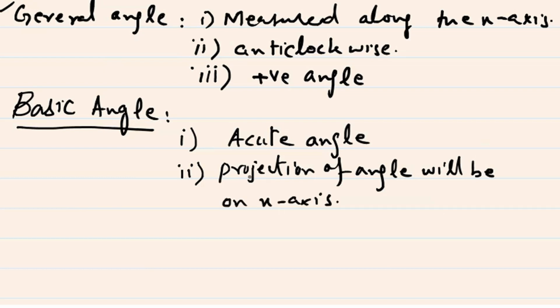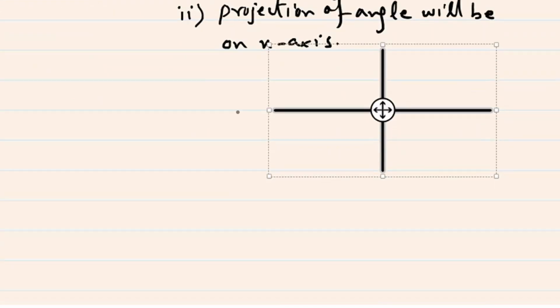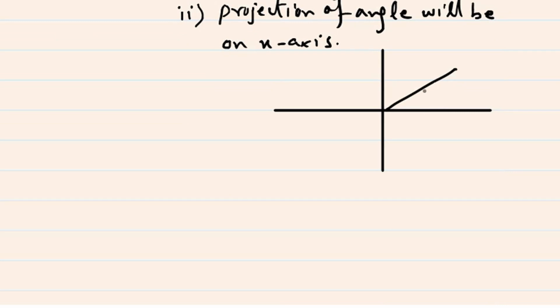The projection of angle will be on x-axis means the shadow of an angle would be on x-axis. When we plot a line in the first quadrant, the projection of this angle is on x-axis and this angle is an acute angle. So all the acute angles along the x-axis are called basic angle.